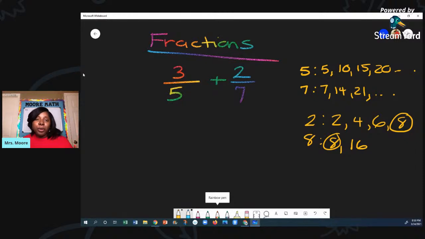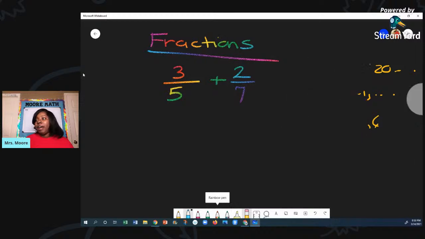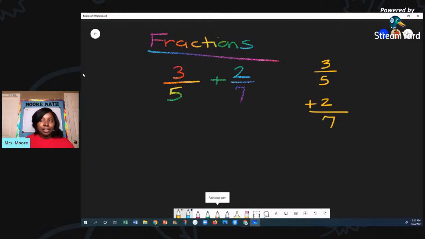So I want you to learn both ways because it can help you at the end with solving it to make less mistakes, okay? But for this one, either way we do it, we're gonna get 35 as a common denominator. All right, so line them up vertically. 3/5 plus 2/7.